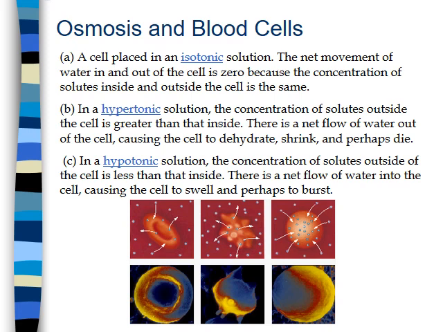Finally, the solution might have a lower concentration than inside the cell. If you put a red blood cell, for example, into pure water, distilled water, then the distilled water outside the cell has 0 concentration of dissolved solutes, but inside the cell there's a relatively high concentration.